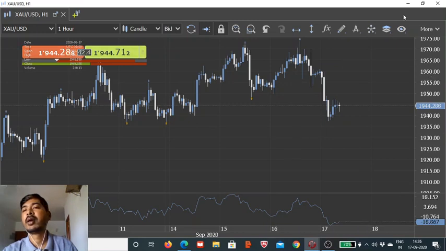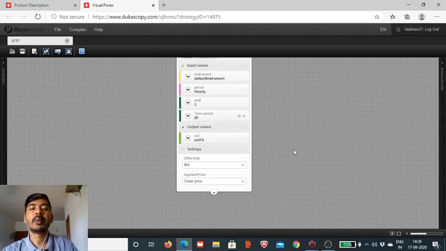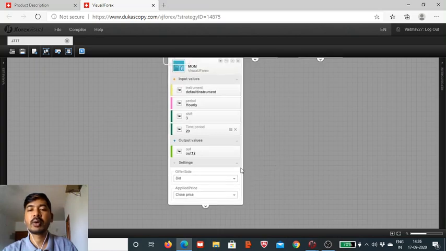So that's why we have to be careful about which applied price we are working with, and then you will have the output value, which then can be utilized to define various conditions.